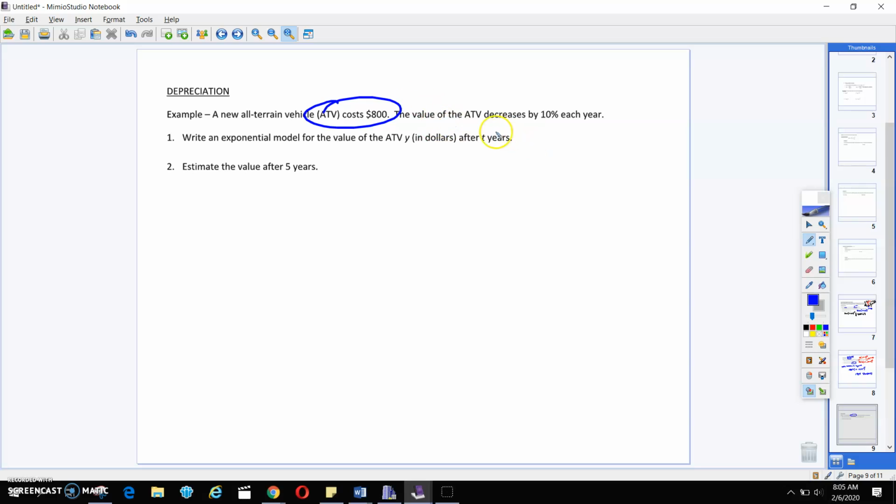You're right. Okay, the value of the ATV decreases by 10% each year. So we're going to write an exponential model for this. This is going to be decay, so it's going to be 1 minus r, right? So we're going to take 800 and multiply it by 1 minus, what's our r? 0.1. And we're going to raise it to the t power. Now in part 2 it says estimate the value after 5 years.